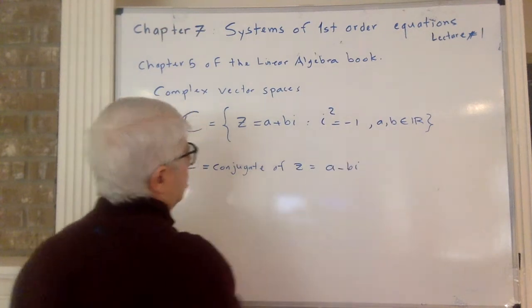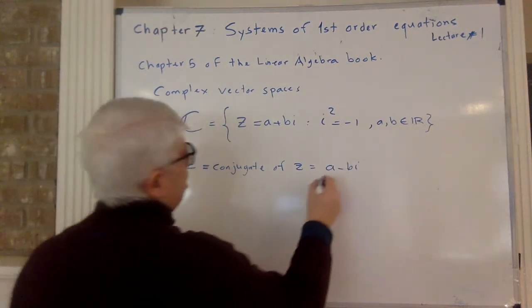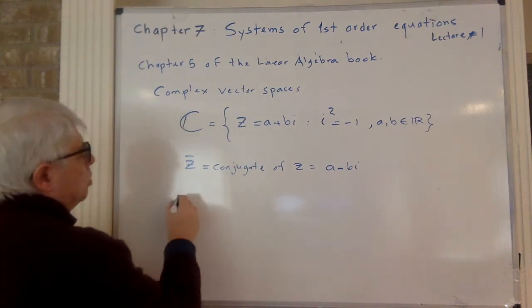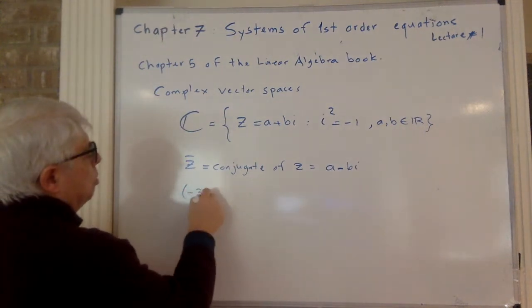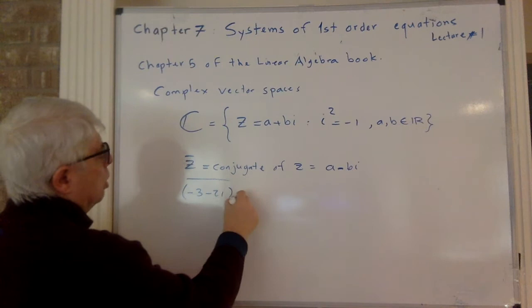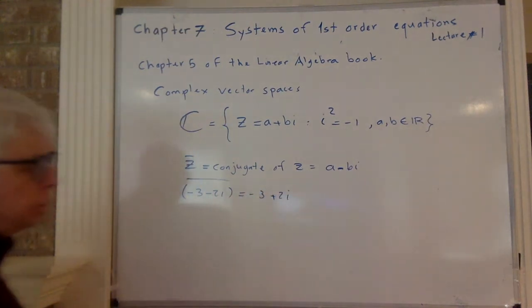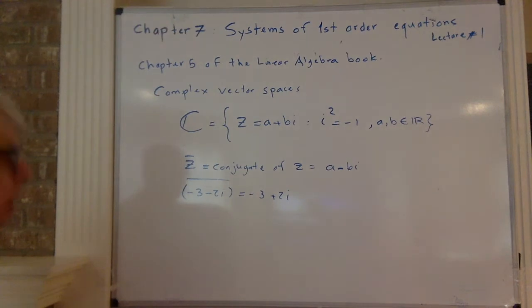So I will just change the sign. Say, for example, the conjugate of -3 minus 2i will be -3 plus 2i, right? So it simply changes the sign of that.